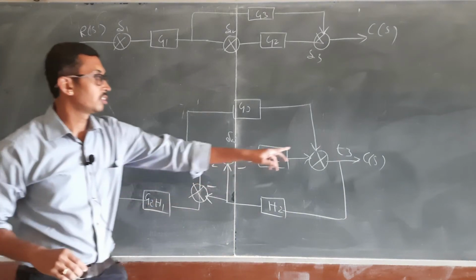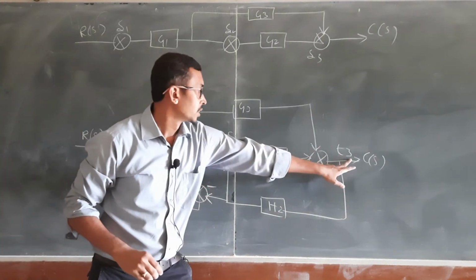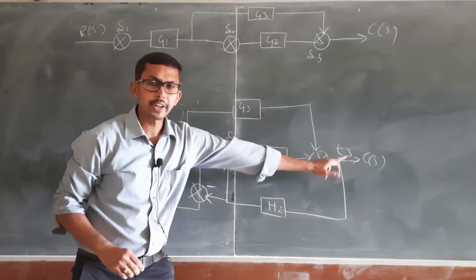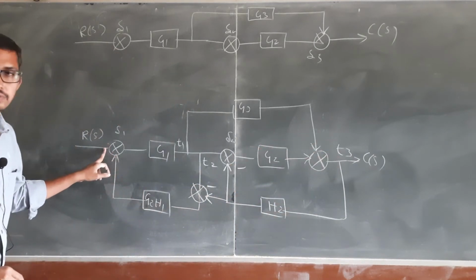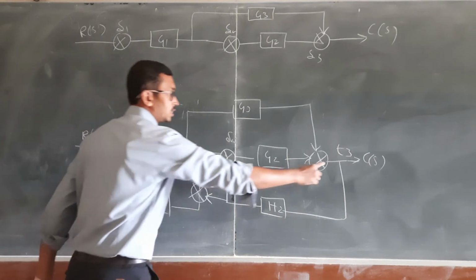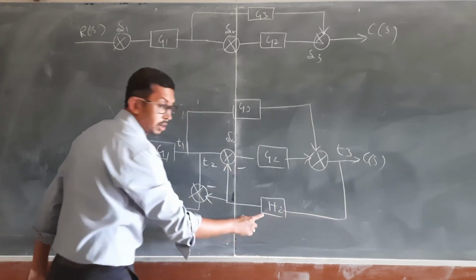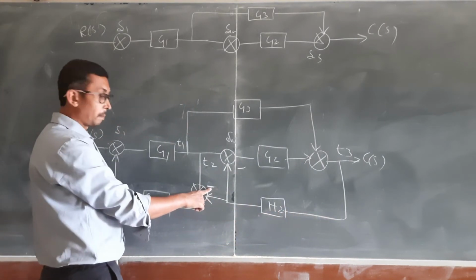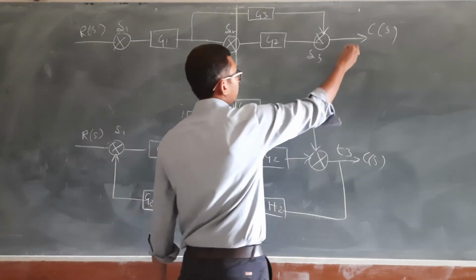If I start from takeoff point 3, I will first come across H2. I am going from takeoff 3 to summing point 1. What are the different paths? I will come across H2 and a summing point with the signal of minus.